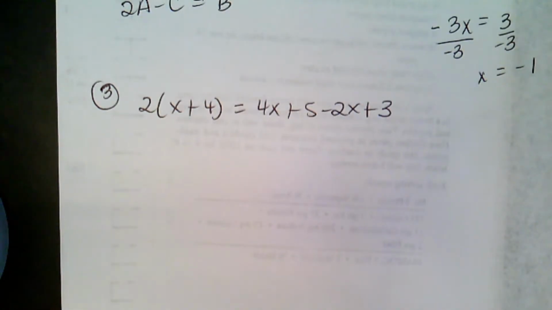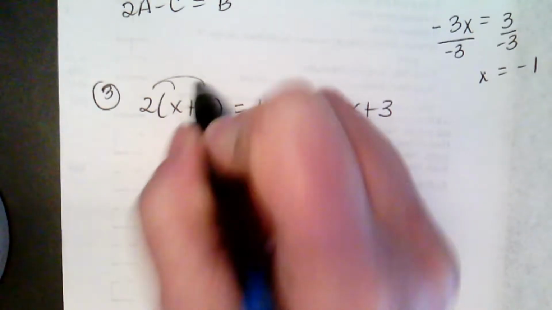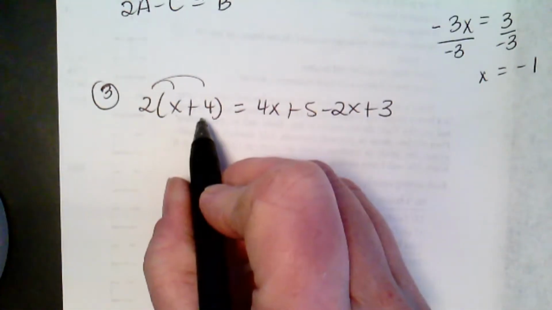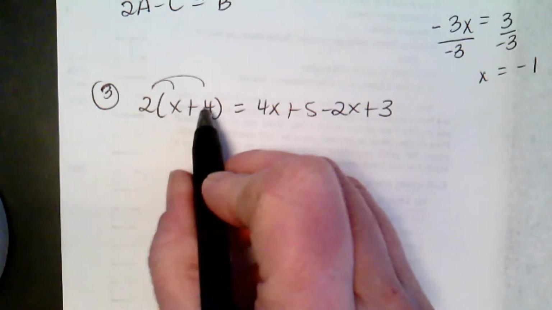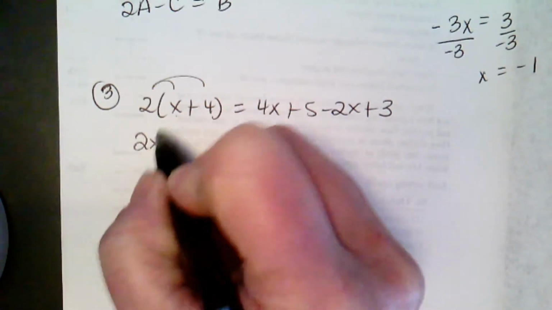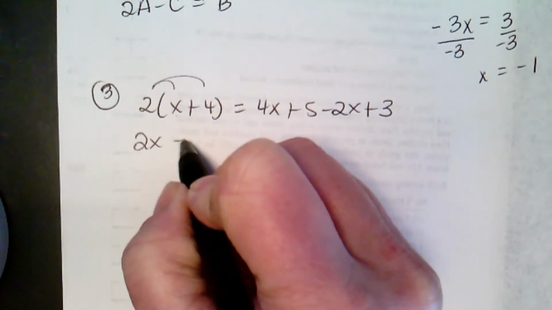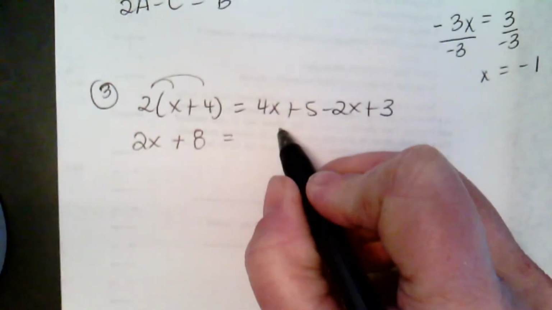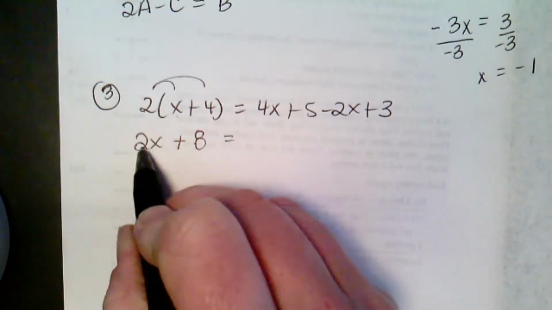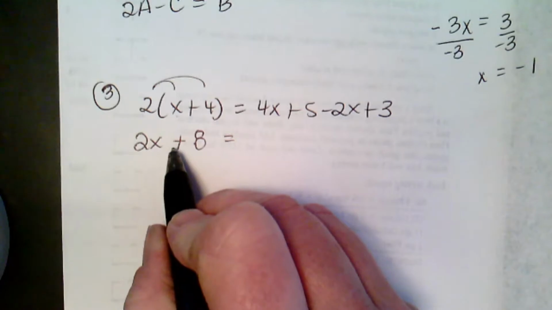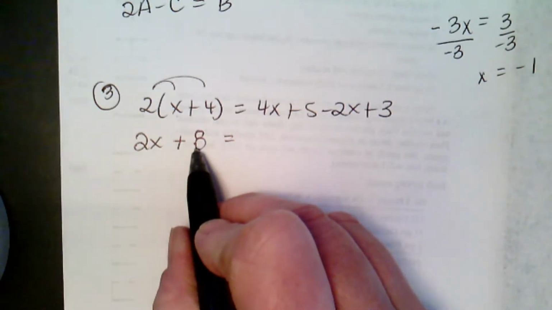So just like before, we want to simplify each side before we start subtracting and adding on each side. So first thing, to get rid of parentheses, if you can't combine what's in the parentheses, then we're going to distribute. So 2 times x is 2x, 2 times positive 4 is positive 8. On this side, we can't make it any simpler. We have an x term and a constant term.